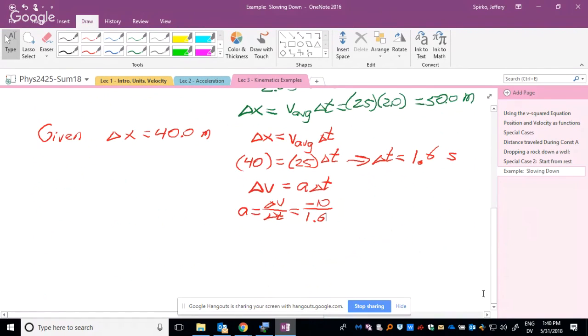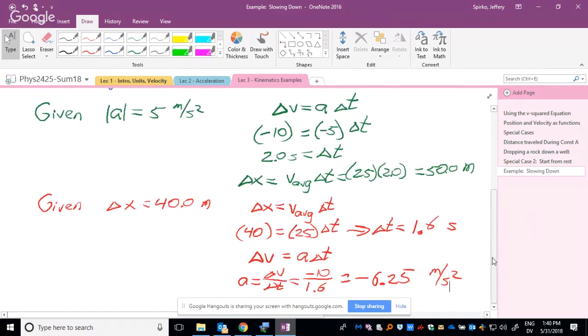So that's -6.25 meters per second squared. So compare these two situations. It takes a stronger acceleration to stop in a shorter distance.